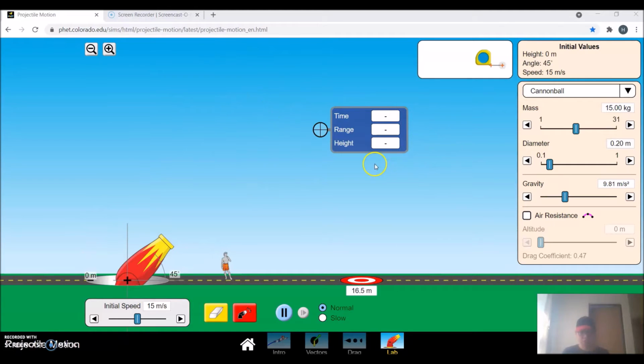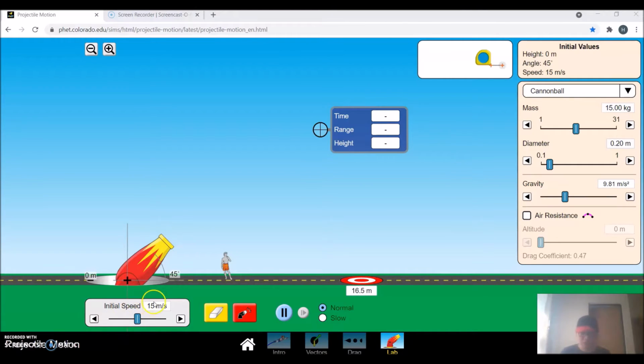For my objective, I use the cannonball as the projection object, and the mass I set at 50 kilograms. The diameter is 0.2 meter. Gravity is 9.81 meters per second squared.